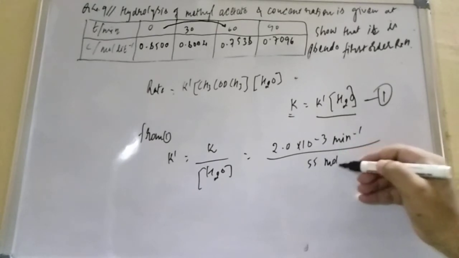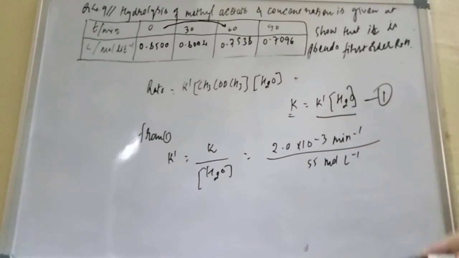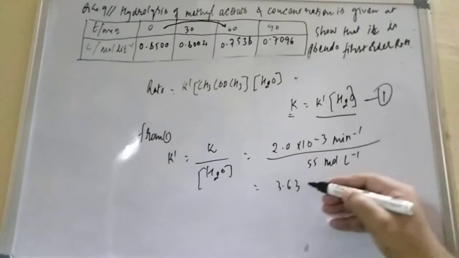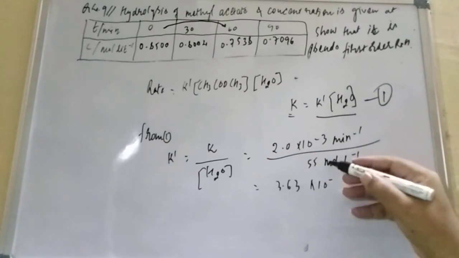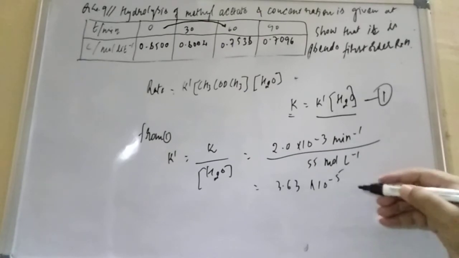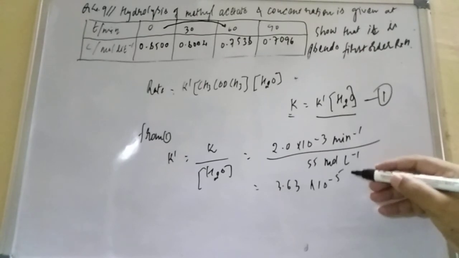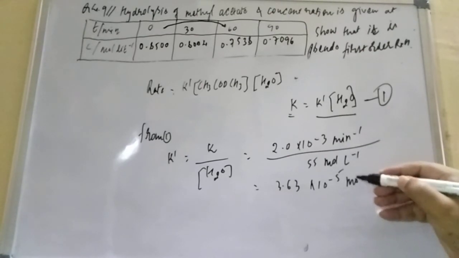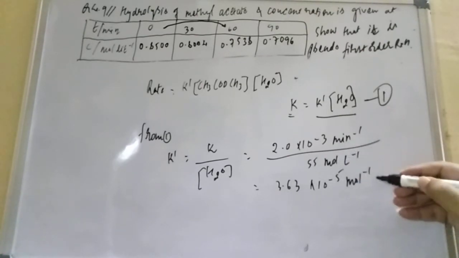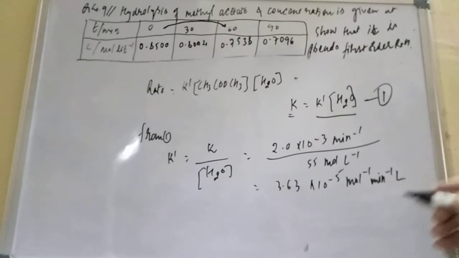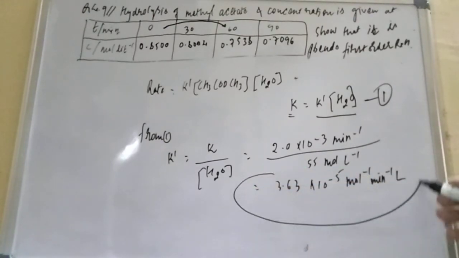Now you solve it out, student, you will get 3.63 into 10 power minus 5. And the unit is mole inverse, minute inverse, and liter. So this is the value of K dash.